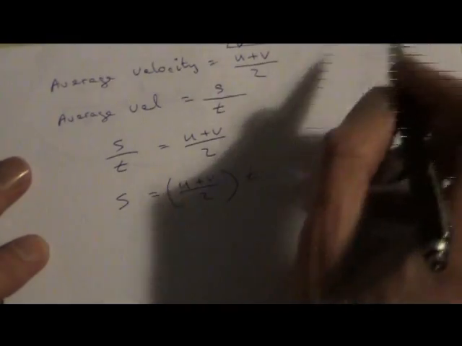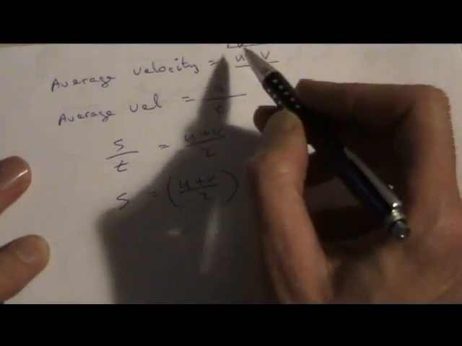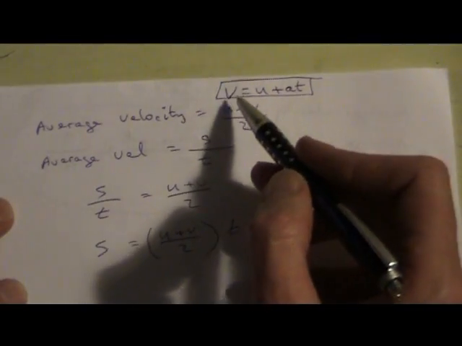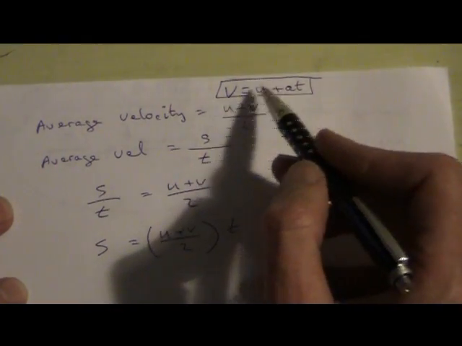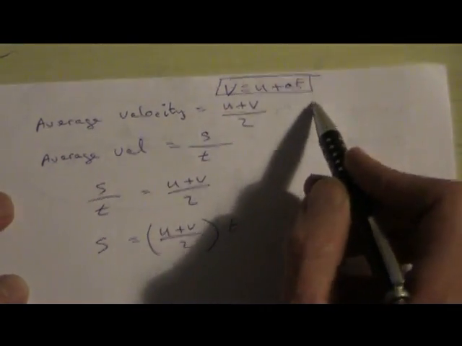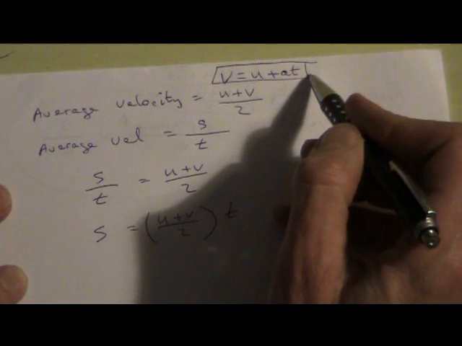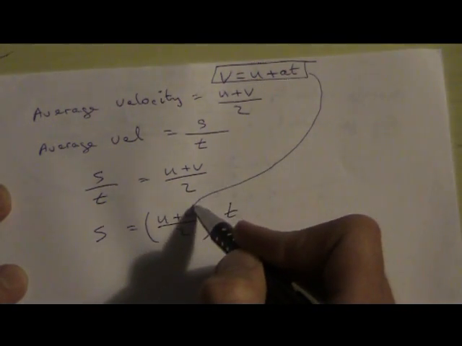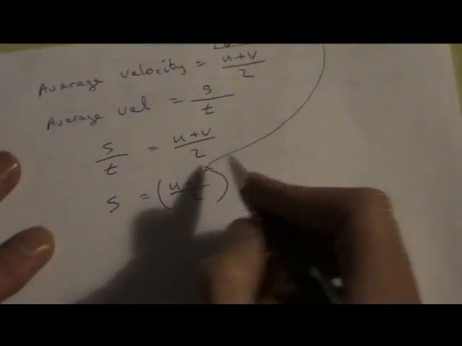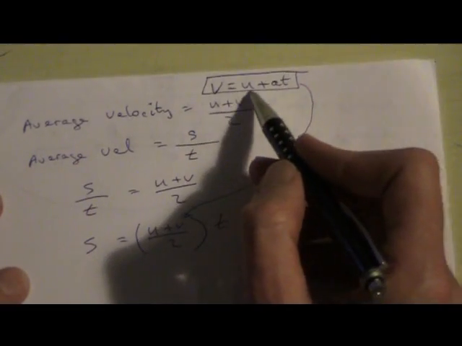Now, back up here, our first equation we derived was this equation for v. So I'm now going to take this equation and stick it in instead of this v here. I'm going to substitute it in there because I want to get rid of that v. So instead of this v, I'm going to write u plus at. So let's just see what we have now.